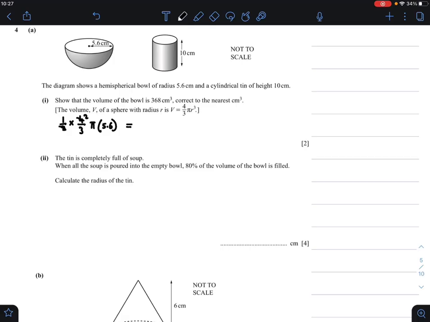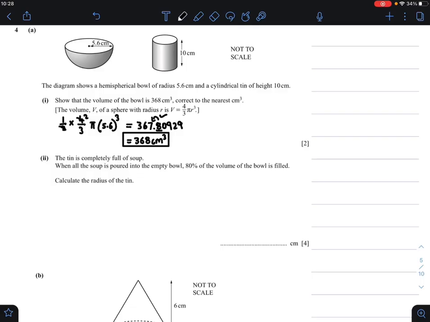So 2 divided by 3 multiplied by pi multiplied by 5.6, my bad, I forgot the cube, 5.6 cube is equal to 367.80929, and since we need to give our answer in 3 significant figures, our final answer will be 368 centimeter cube. Now this is because the fourth significant figure, which is 8 in this case, is greater than or equal to 5, so it will round off the third significant figure to the next number.